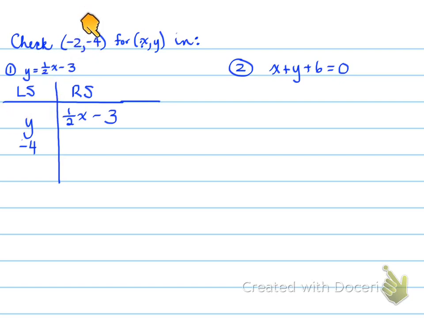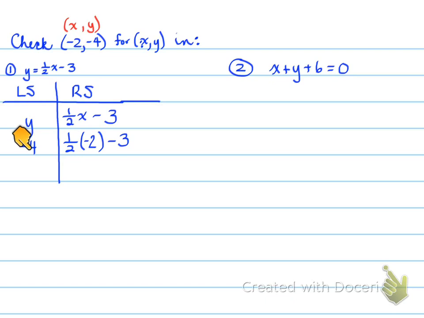Remember that we're plugging in y for -4, and then on the other side we're going to have 1/2, and instead of x we're going to put something there, and then -3. So what are we going to put in for x? We're going to put in -2.